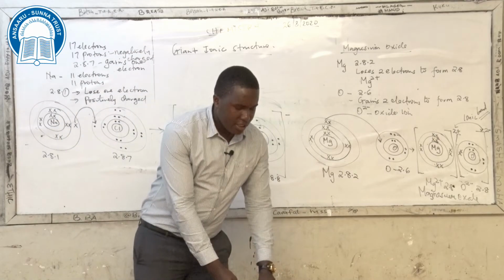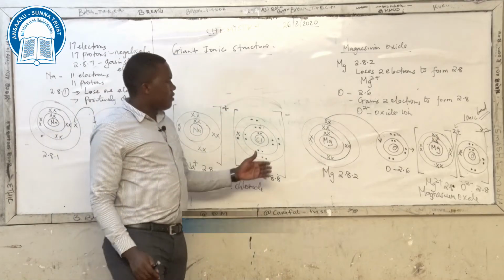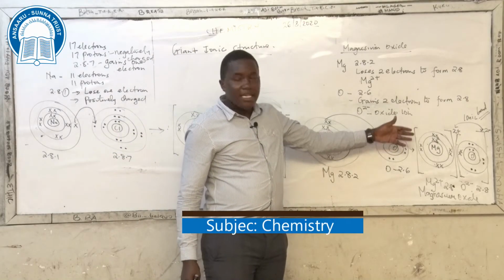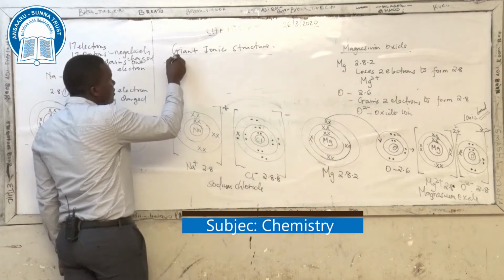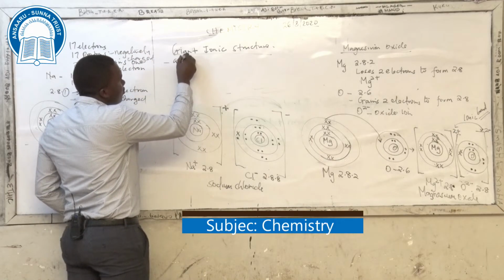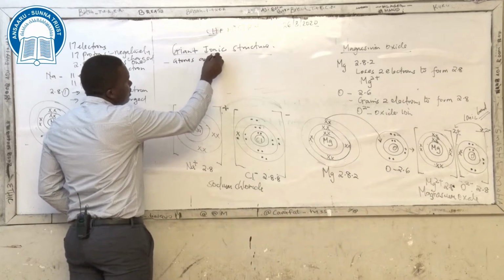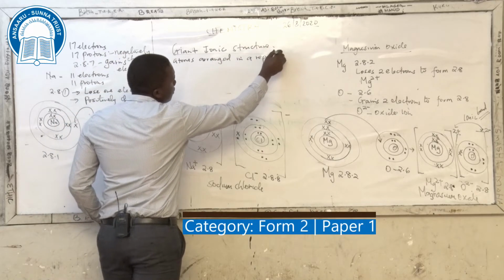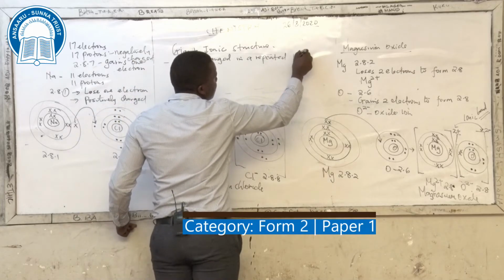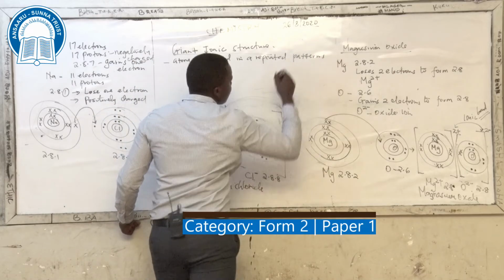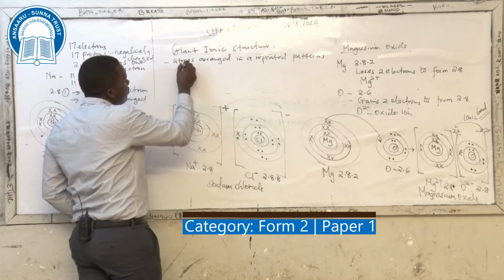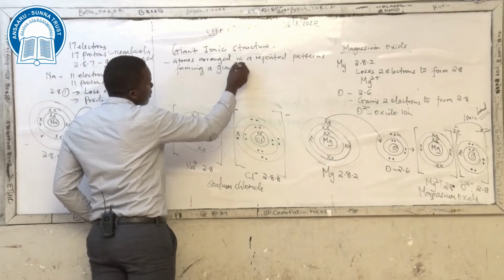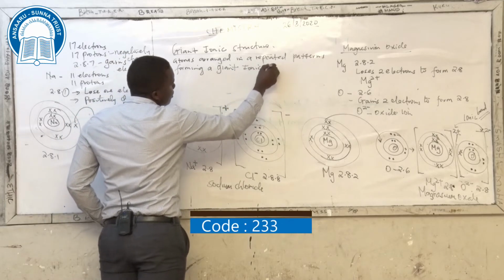So a giant ionic structure is when the bonding atoms are arranged in a regular, repeated pattern, forming a giant ionic structure.